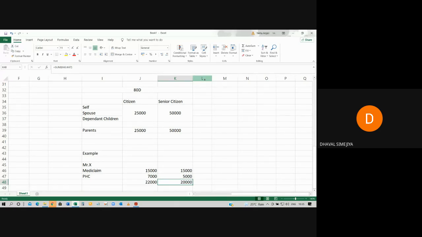Preventive health checkup, you cannot get benefit over and above 5,000. You can't get deduction for more than 5,000. Is it clear now? Write down this example. Otherwise, take the screenshot. Done?